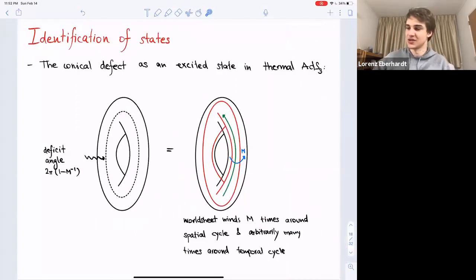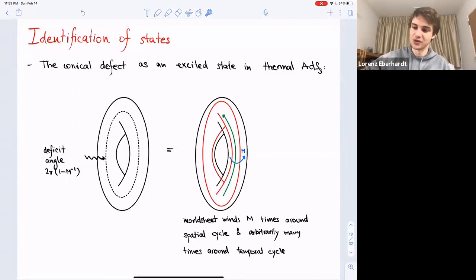Yeah. So, to give you one more example, one more thing you can do is to try to identify the conical defect also from the point of view of thermal AdS. So that's just the same exercise. You can view the vacuum of this conical defect as the untwisted sector of the orbifold that reduces thermal AdS to the conical defect.